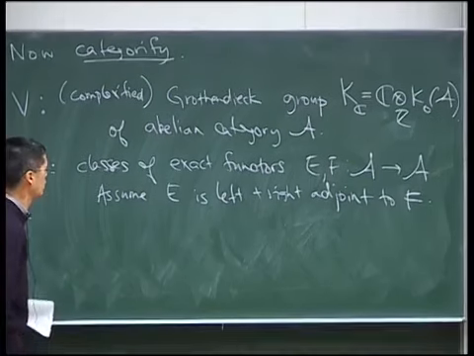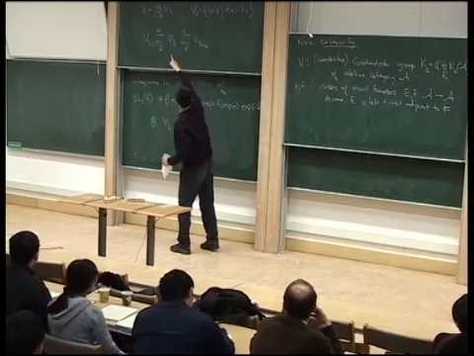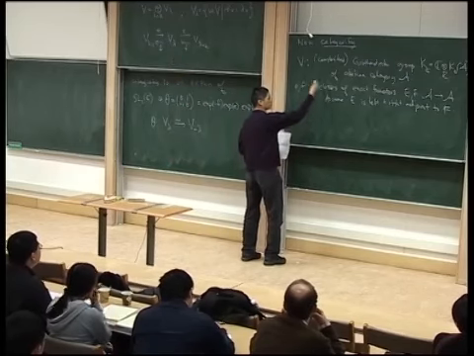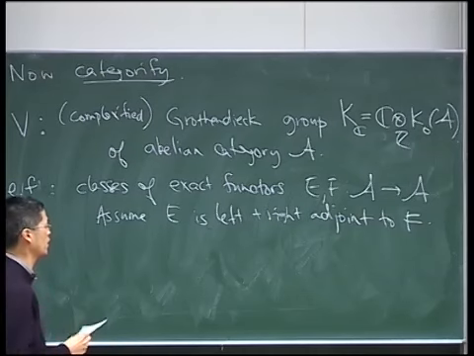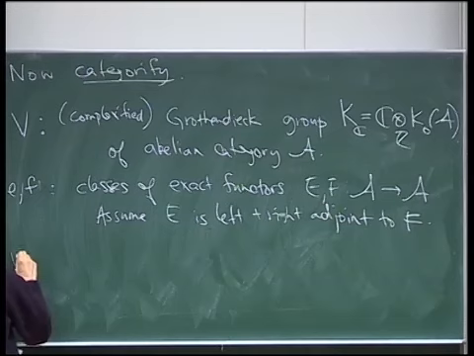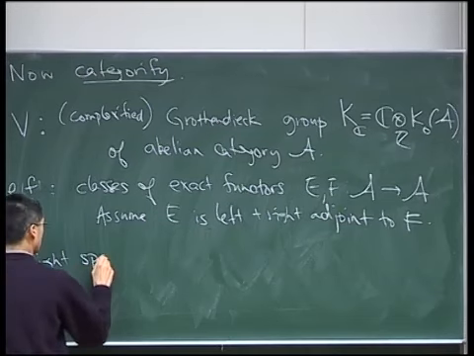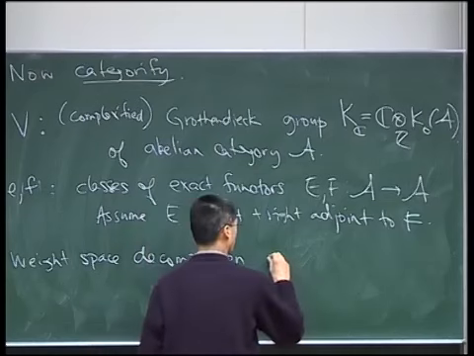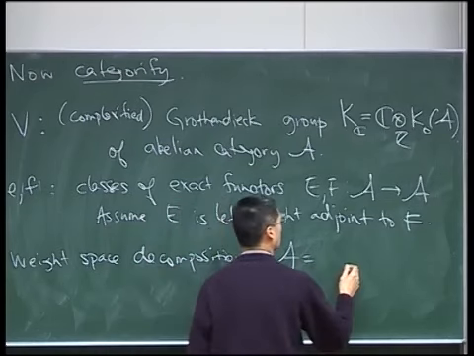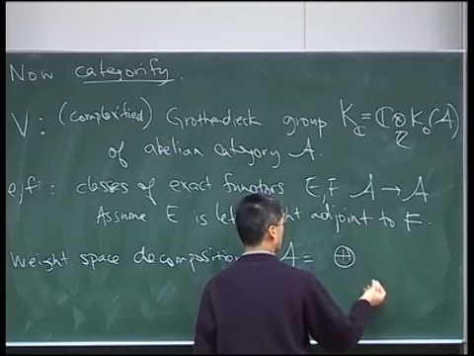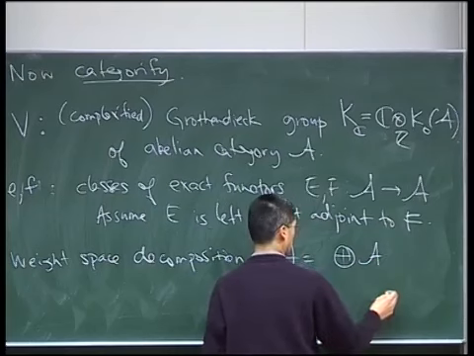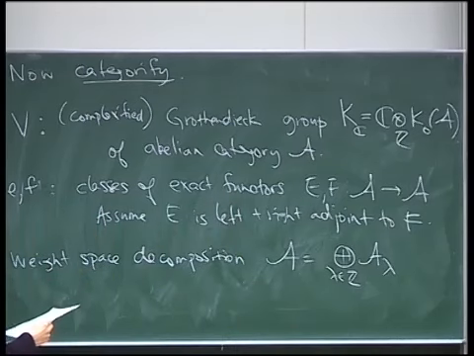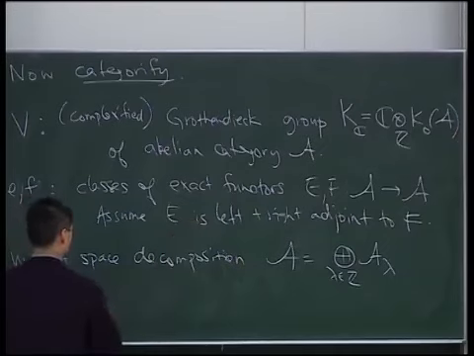Okay, and now the next thing we want to mimic is the weight space decomposition. So let's assume that we can lift the weight space decomposition to the abelian category as well. So we have a decomposition of the abelian category into a product of abelian categories, which corresponds to the weight space decomposition.